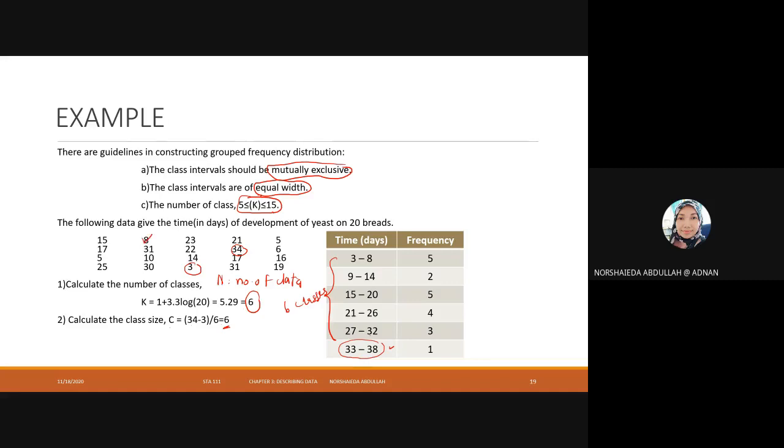So the frequency is 5. And then we look at how many observations have values between 9 to 14. Then we write down the frequency. So our frequency distribution is complete.